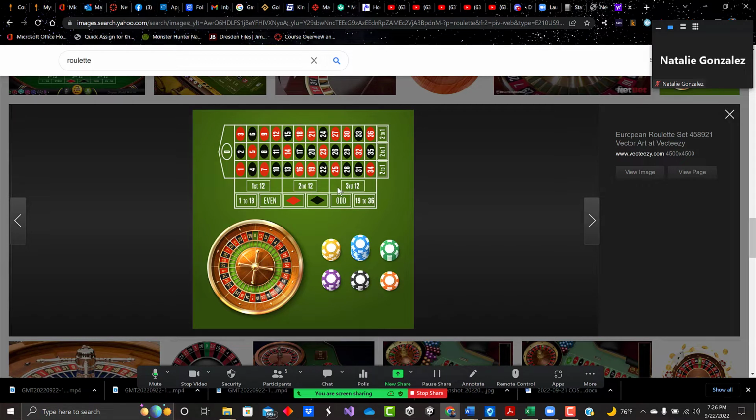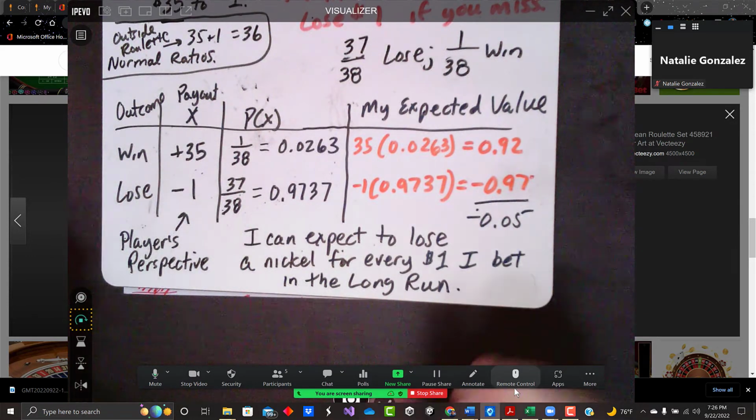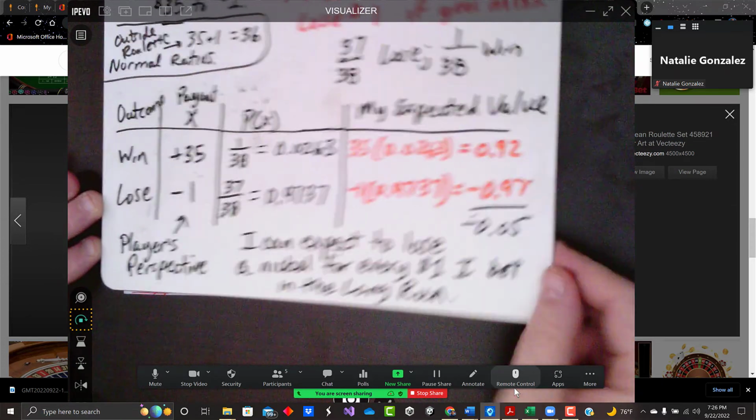These values right here are also 2 to 1. And the values along the bottom are 1 to 1. Doesn't matter what you bet, the expected value remains the same for every single thing. The casino wins a nickel on every single dollar, which is crazy. In the long run, you have to remember it's in the long run.